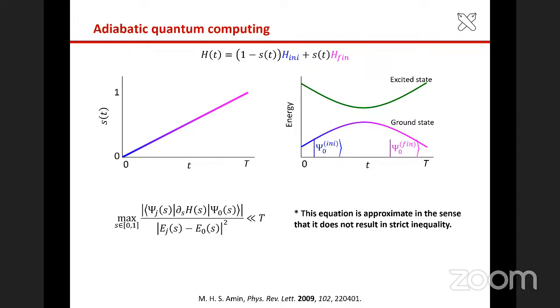The evolution time should be sufficiently larger than the inverse of the square of the energy difference between the ground state and the excited state. And this term represents the probability to transit to other states. But this equation is approximate in the sense that it doesn't result in a strict inequality.